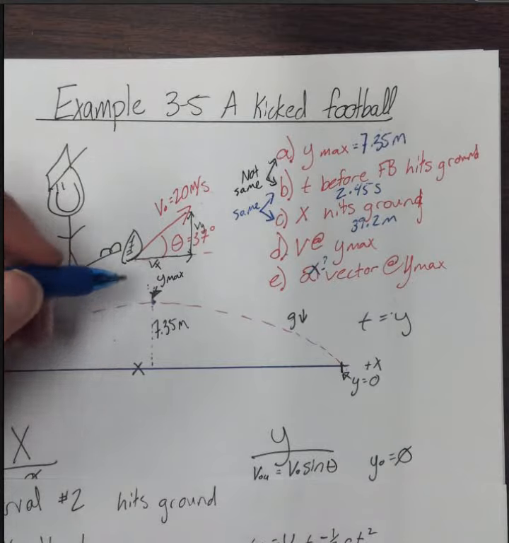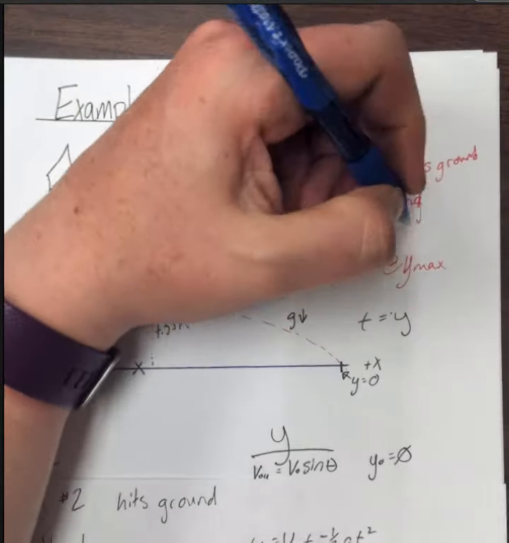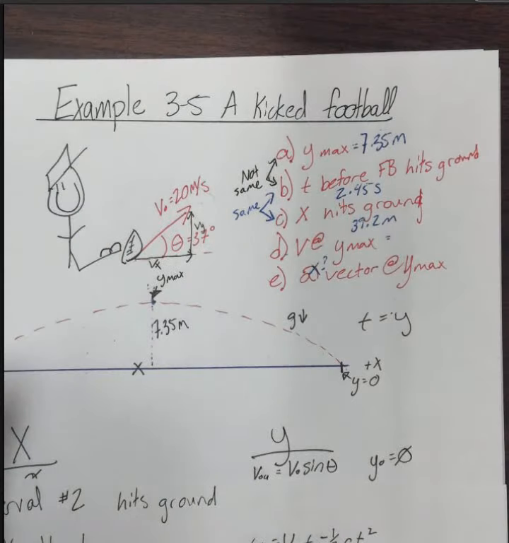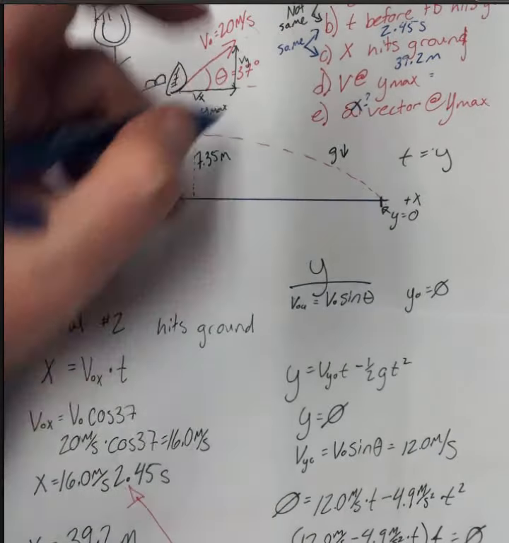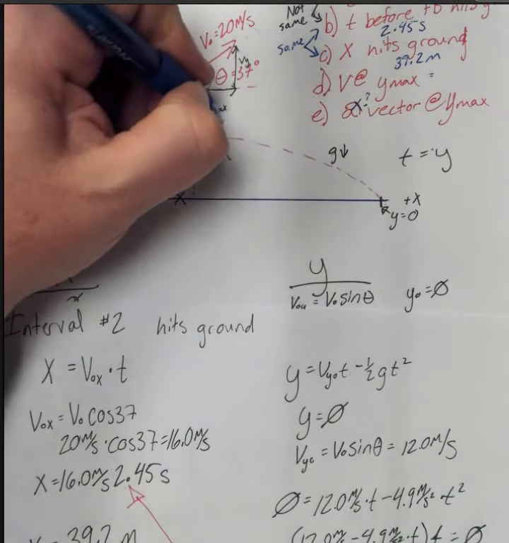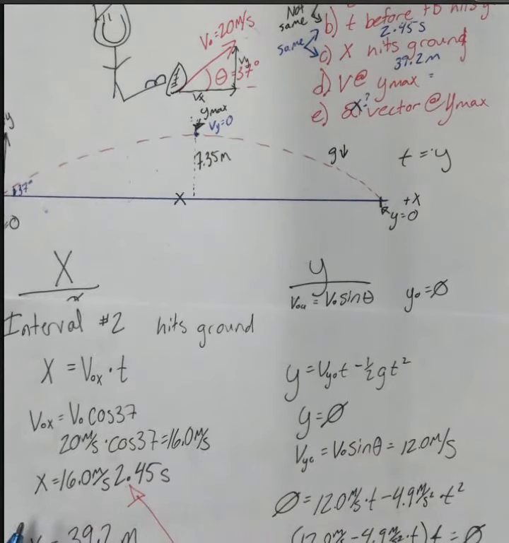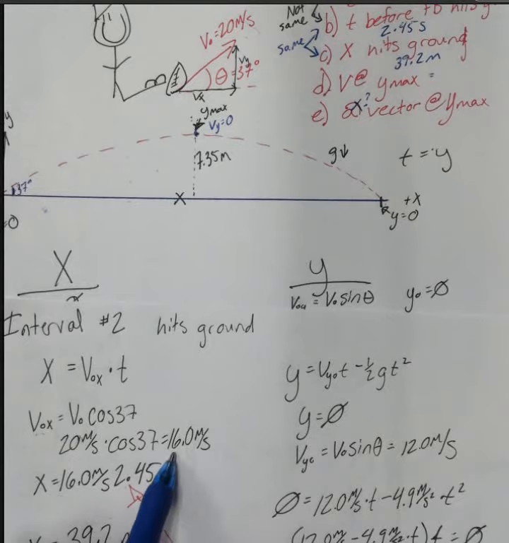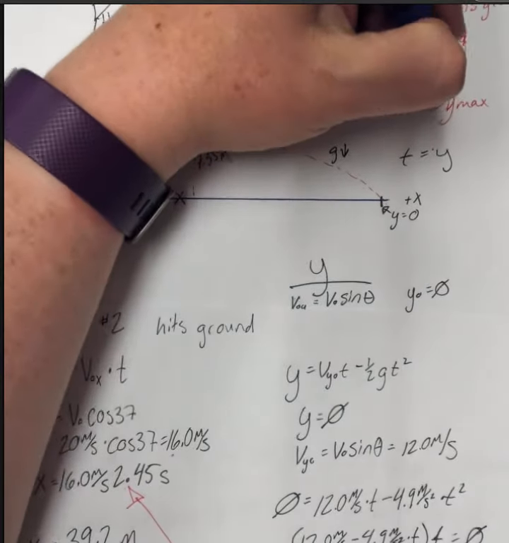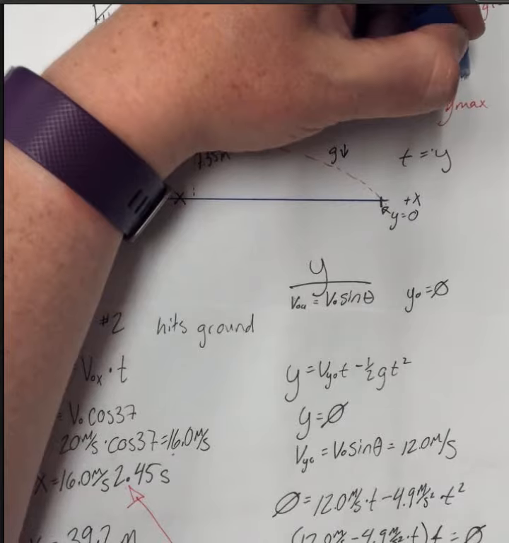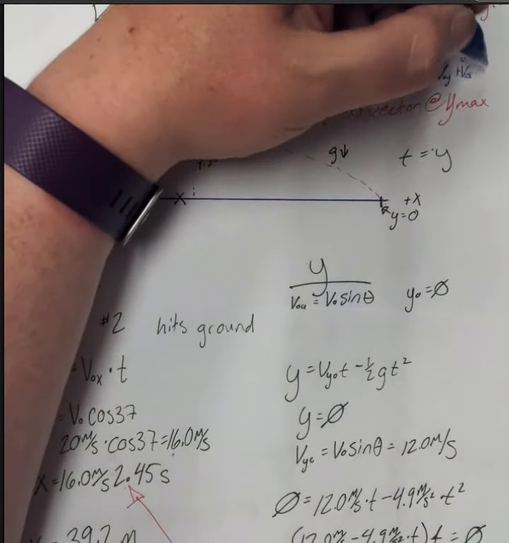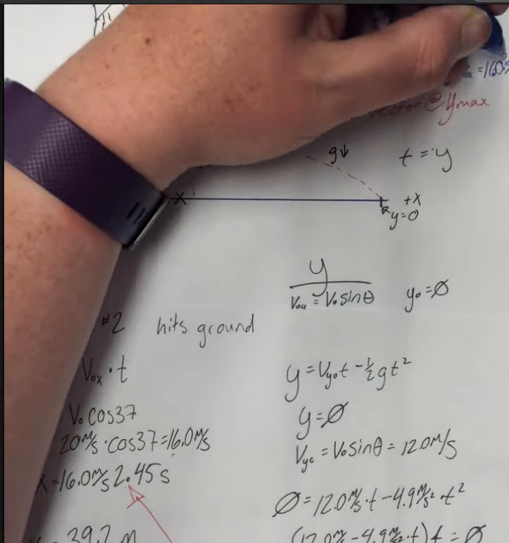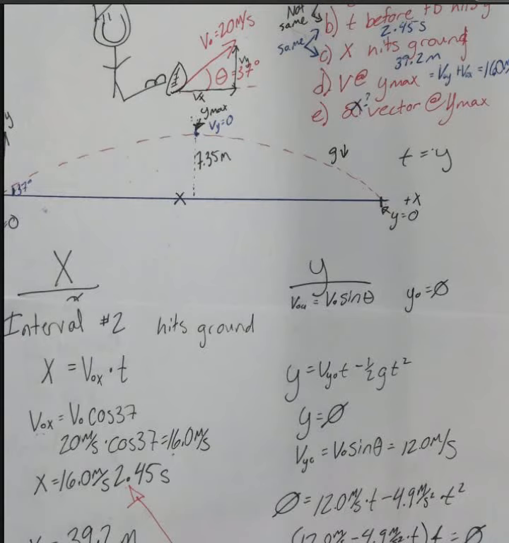The velocity at the maximum height is always going to be 0 in the y direction. So at this maximum time, if Vy equals 0 and Vx is constant, right? We said that Vx is constant, and that means the velocity at the max, V0y plus V0x added together vectorially, is going to be 16.0 meters per second horizontally at the top.